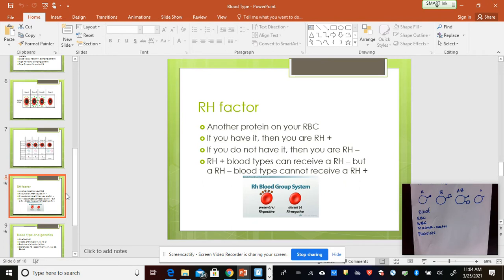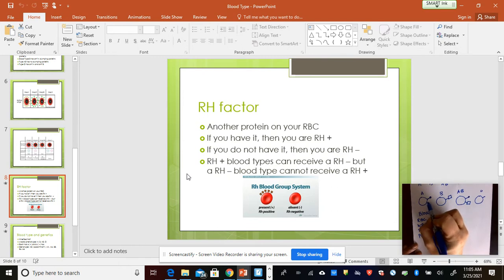So you also have what's called the Rh factor. This is another protein on your red blood cell. If you have it, then you're considered Rh positive. If you don't, you're Rh negative. So Rh factor also creates an issue with being able to donate and receive. For example, if you have it, then you're considered positive.